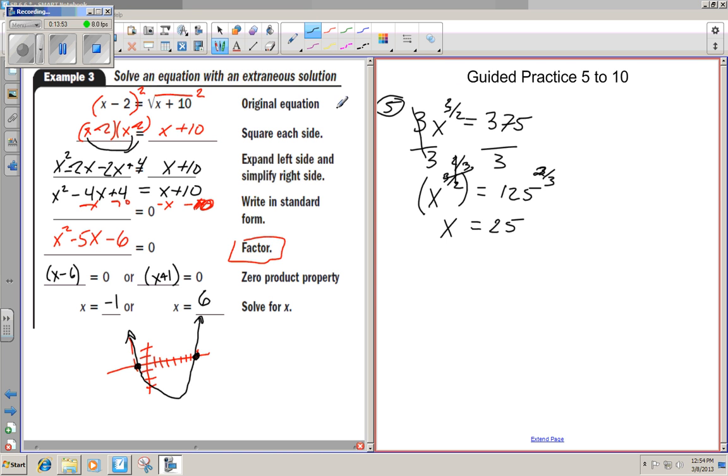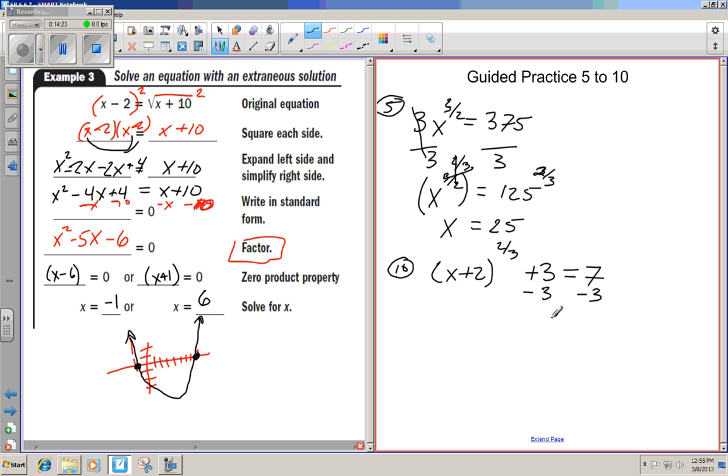All right, so that was number 5. Let's go ahead and skip right to number 10, one of the more difficult ones. This is number 10 from your guided practice. It's x plus 2 raised to the 2/3 power plus 3, and it's equal to 7. So we have to isolate the rational exponent. We have to isolate this thing by itself. So we just get rid of the plus 3 by subtracting.